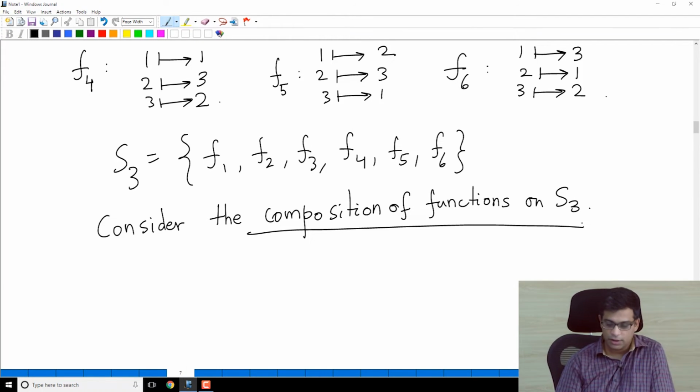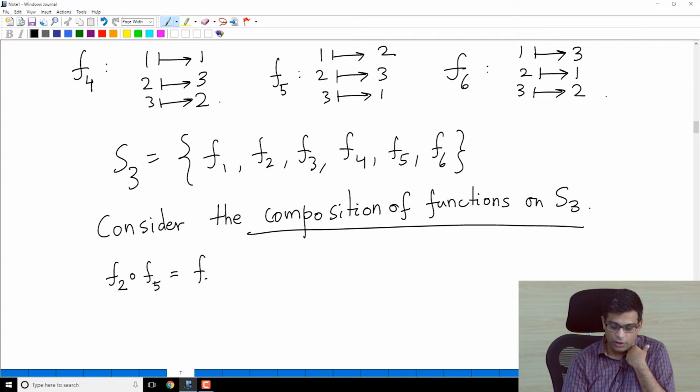Let us work this out more concretely in a specific example. For example, F2 circle F5. Remember, composition is usually denoted by a circle, and in practice I will just omit the circle and write this as F2 F5. I will read it as F2 composed with F5. So, what does this do? Remember, I apply F5 first, then apply F2.